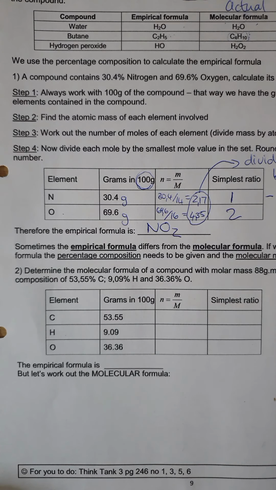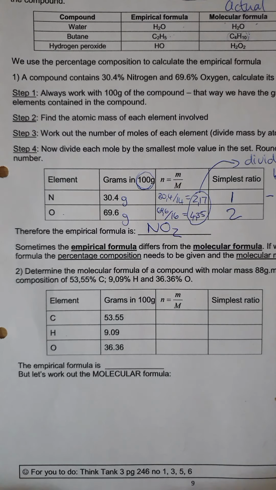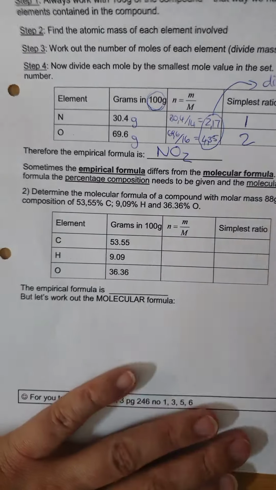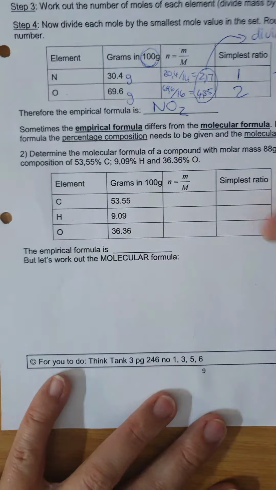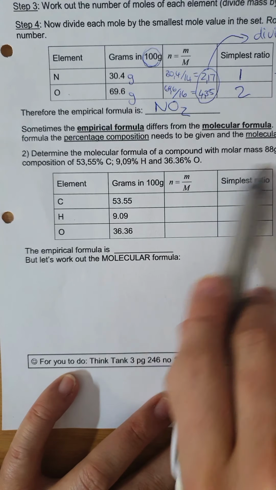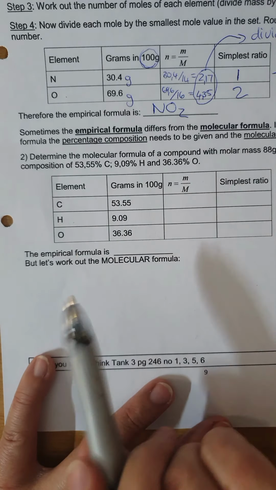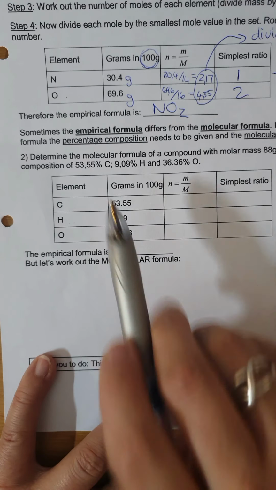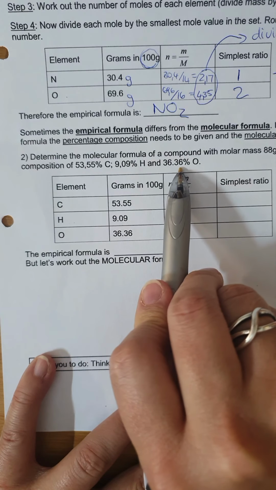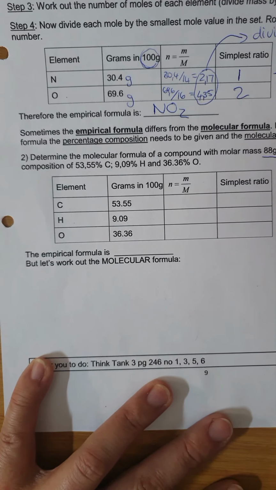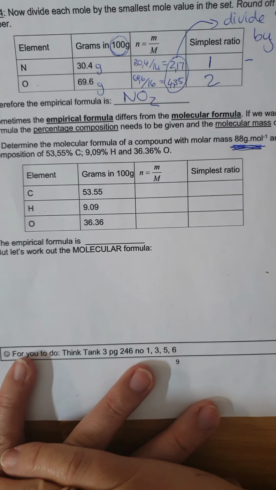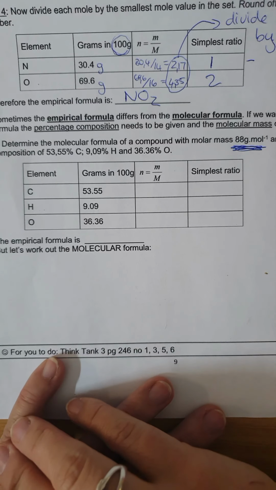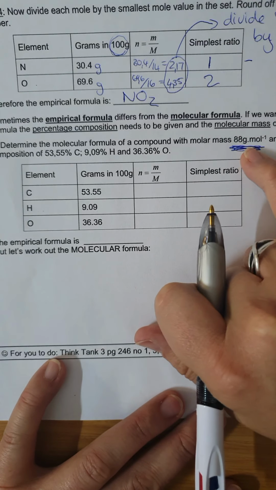Now, this is what you need to do. I say to you, I have these percentages, okay? So now I'm going to give you one that you shouldn't know yet, because this is going to be an organic compound. So I give you two things. Now, how do you know when to use this? Here, I give you percentages, and I tell you the actual compound's molar mass. So this is important.